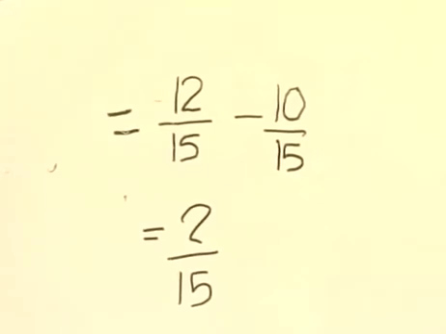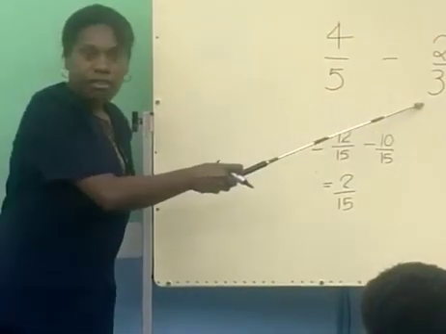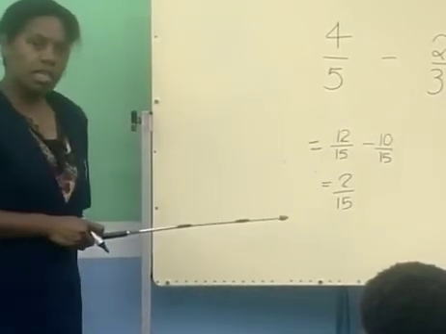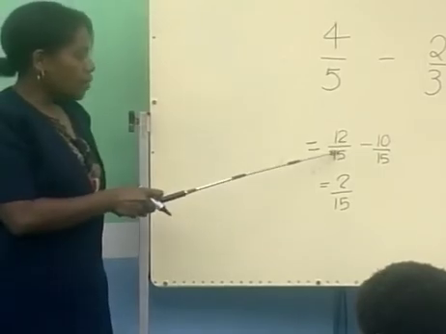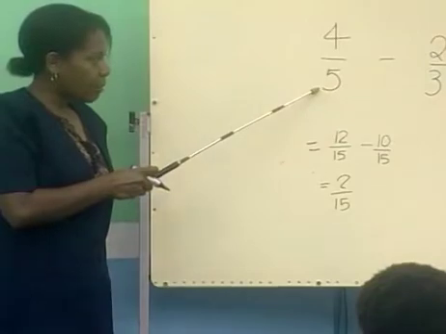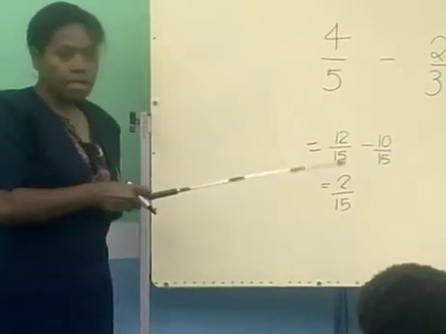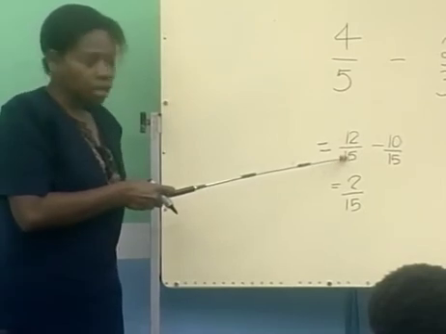So Leonie said you get the LCD of 5 and 3, which is 15. So you say 15 divided by 5. When you use divide, put the big number first.